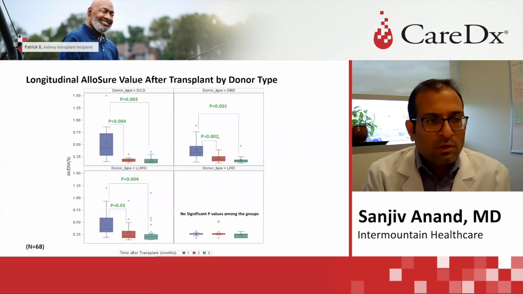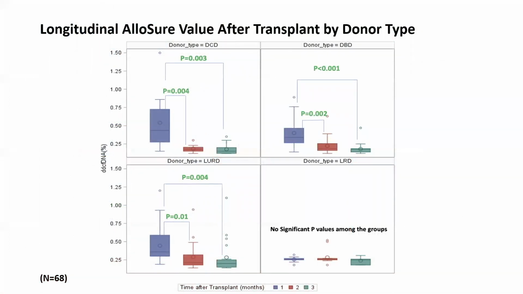Now, looking at the longitudinal data further, we look at the various donor types. On the left-hand upper corner, we have the DCD group, and on the right-hand upper corner, the donor after brain death. Then the left lower corner, we have the living unrelated, and the right lower corner, the living related. Each box, by different color, represents a different time frame.